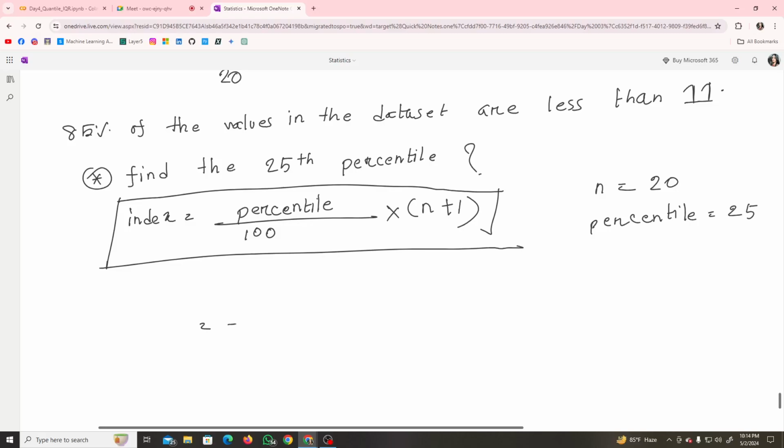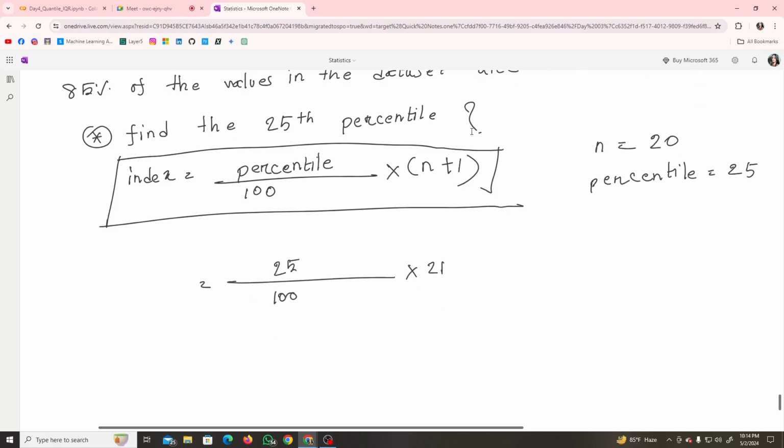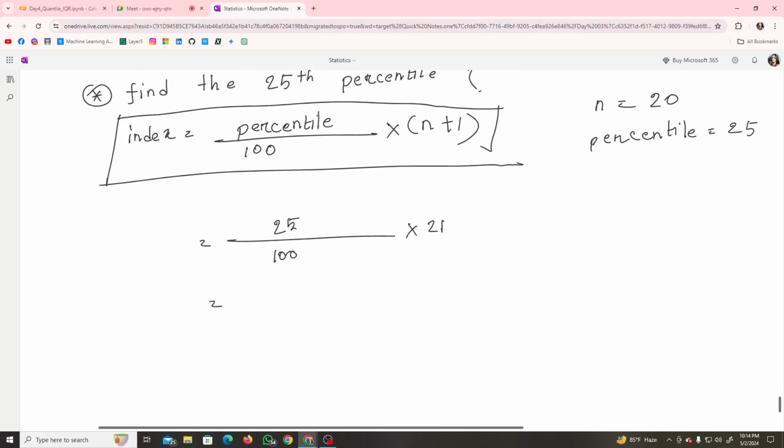So if you calculate it, 25 by 100 into 20 plus 1, the answer will be 25 by 100 into 21.